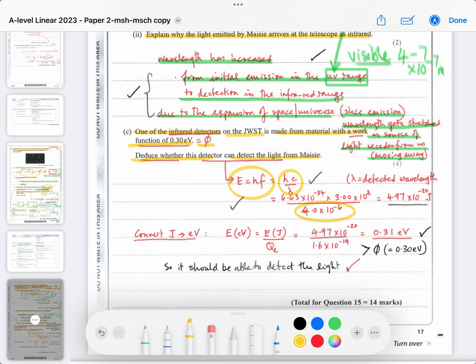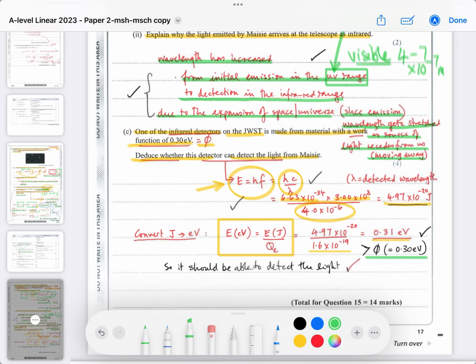H is given to you in the data sheet, and c is also given in your data sheet, and it gives you a value in joules. Whenever you use this equation it always gives you answers in joules. We then have to convert joules into electron volts, and the way you do that is by dividing by the charge of an electron, which is 1.6 times 10 to the minus 19. So it gives you a value of 0.31 electron volts, which is greater than the work function.